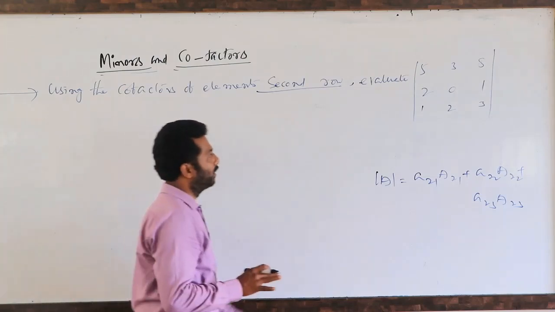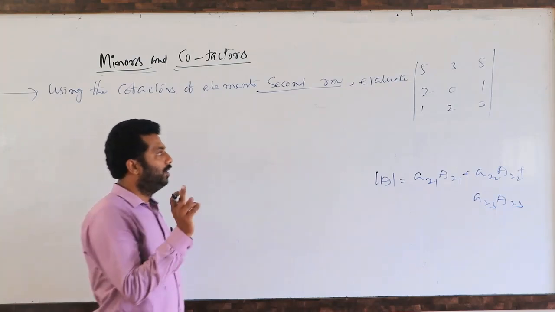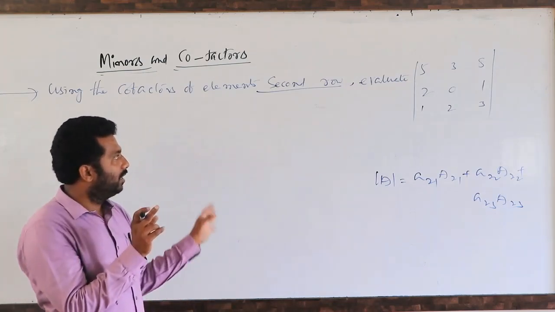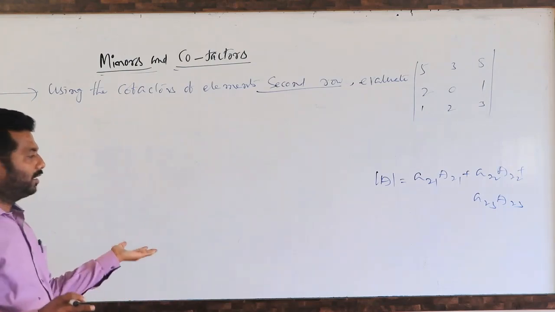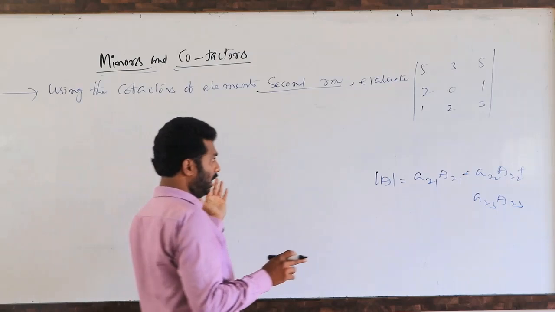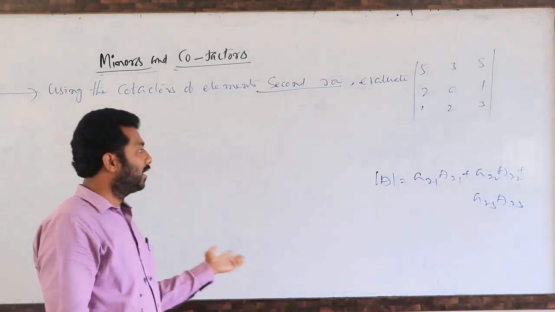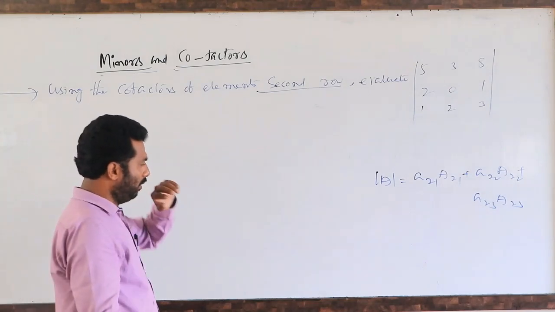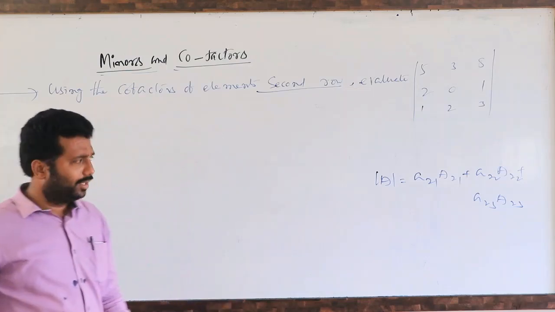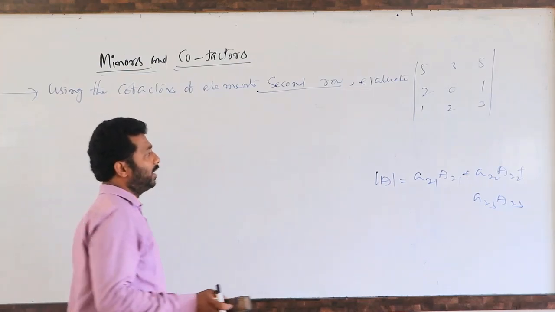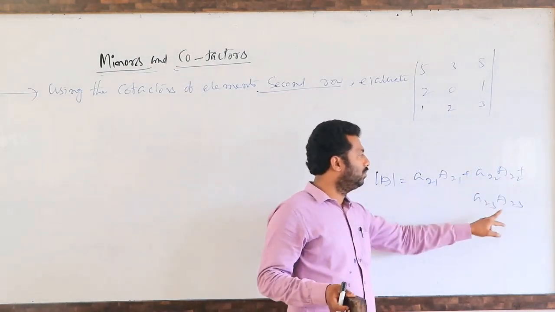So I told the definition of determinant: we have to calculate the sum of the product of elements of a row or a column of a square matrix with the corresponding cofactors of the same row or same column. Now we are choosing the second row with its cofactors A21, A22, A23.